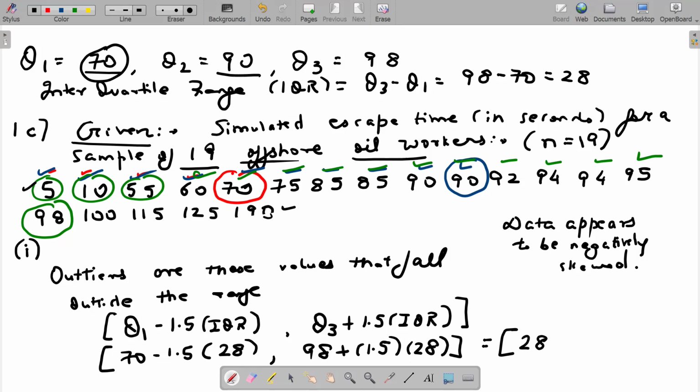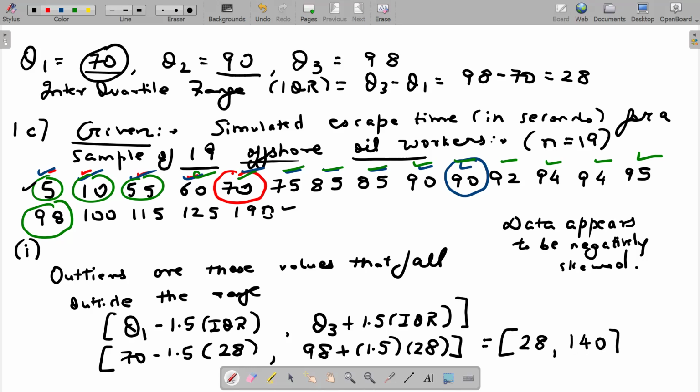Okay, I am just verifying this again. 1.5 times 28 is 42, and 70 minus 42 is 28, and on the other side 42 plus 98 is 140.